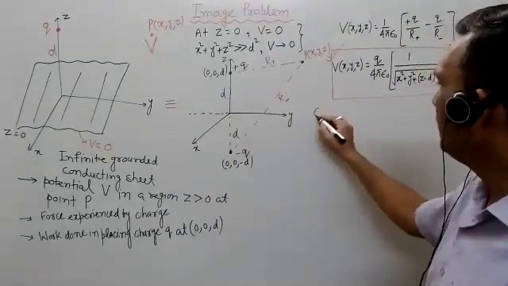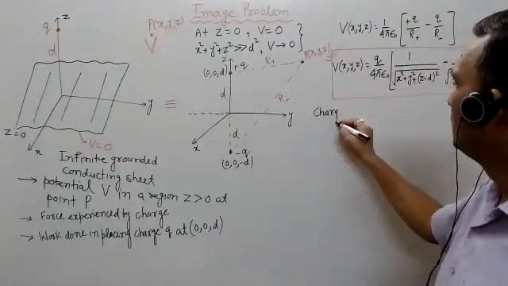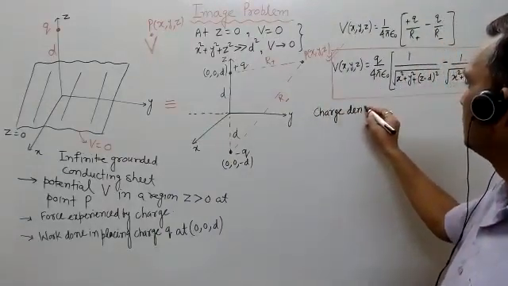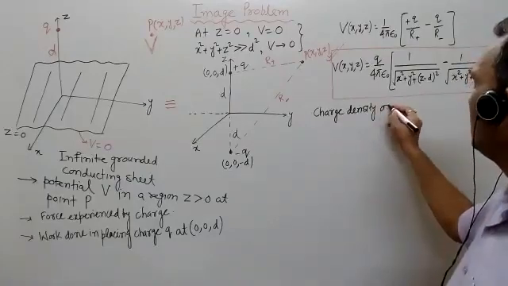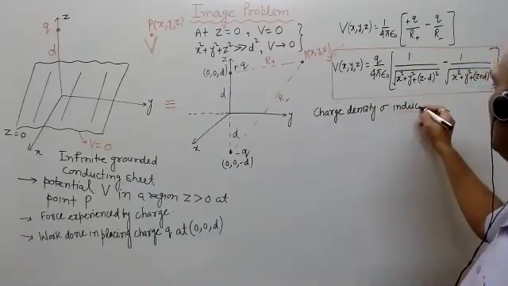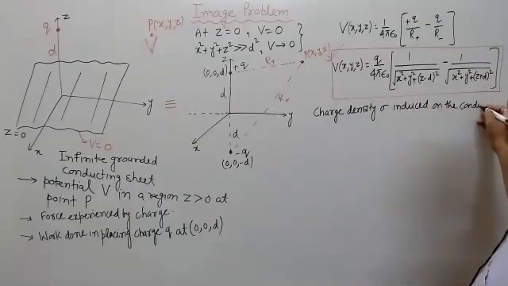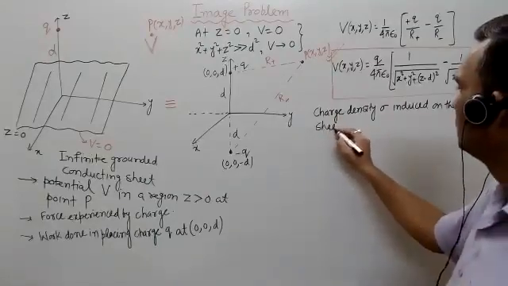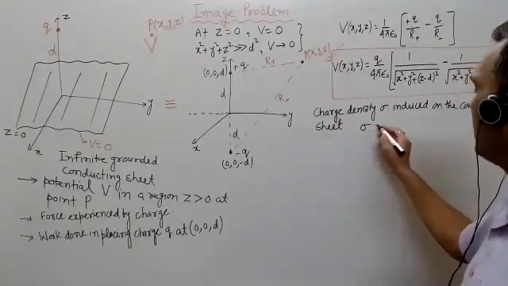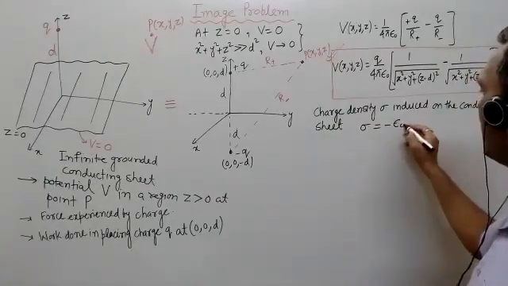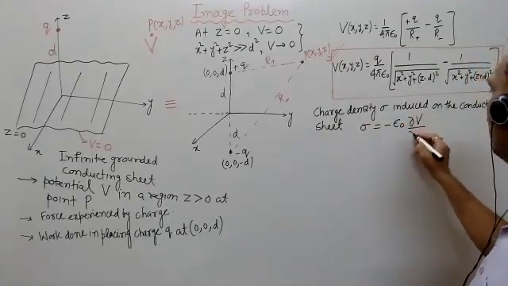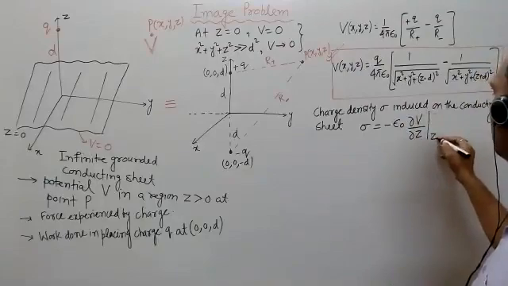So we can find charge density sigma induced on the conducting sheet, that will be given by sigma is normal derivative, minus epsilon naught del V by del z at z is equal to 0.